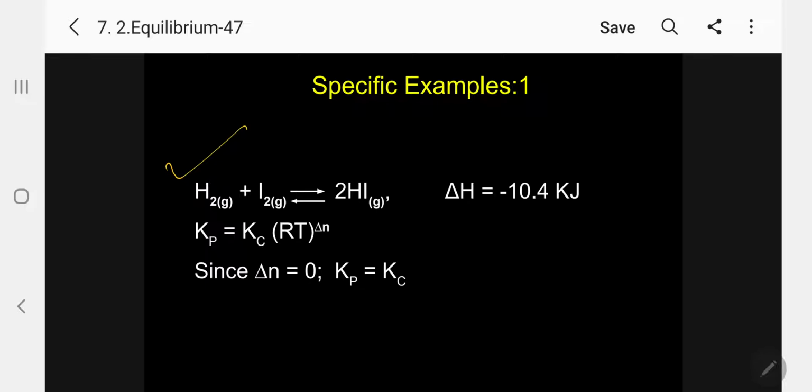Let me come back now to the specific example, example 1. H2 plus I2 reversible 2HI. I told you already, here delta n equal to 0, Kp equal to Kc, and this is an exothermic reaction. Forward reaction is exothermic, backward is endothermic. With this idea, now I am going to discuss.